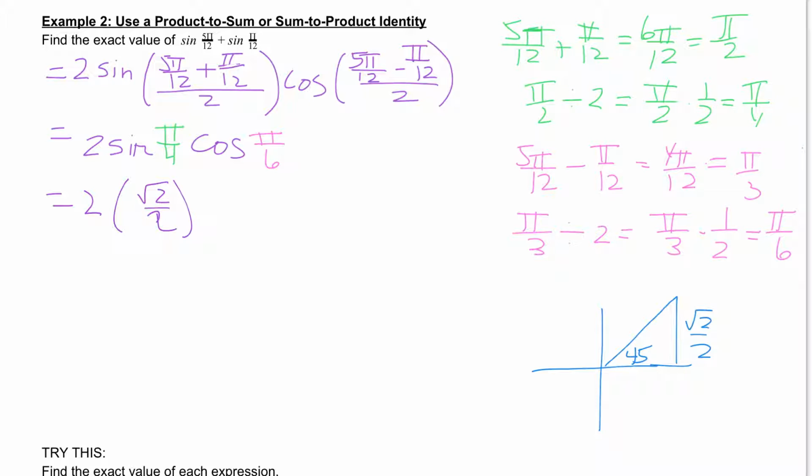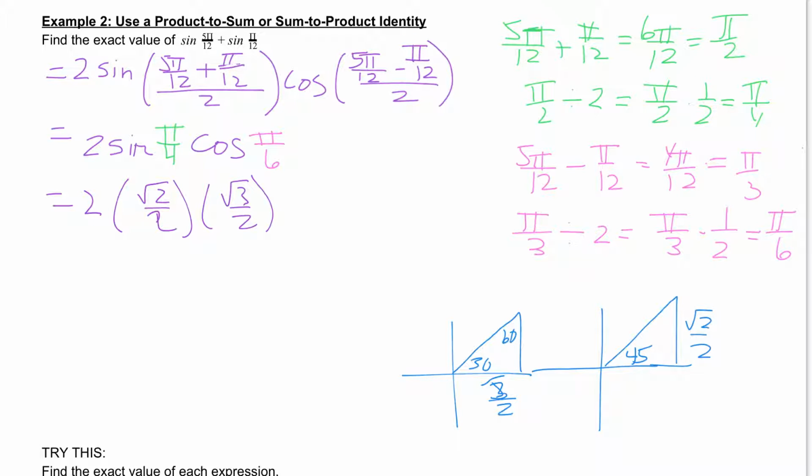And then the cosine of pi over 6, that's going to be in our first quadrant with a reference angle of 30, which means this angle is 60, and across from a 60-degree angle is the square root of 3 over 2, which is where the cosine is. So this we could write as square root of 3 over 2.